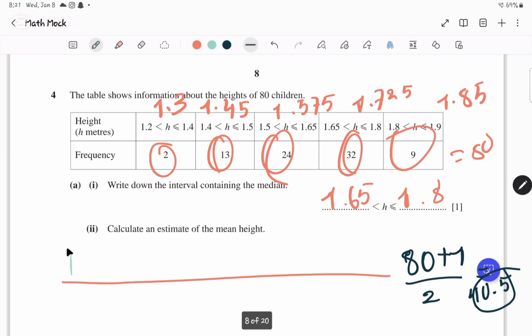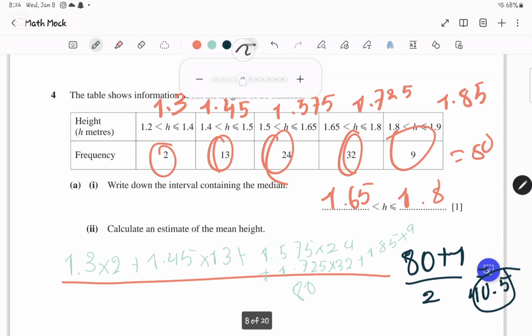So it's going to be 1.3 times 2 plus 1.45 times 13 plus 1.575 times 24 plus 1.725 times 32 plus 1.85 times 9, divided by the total, which is 80. After doing all of that, it is approximately 1.64. In real number, it's 1.63875.